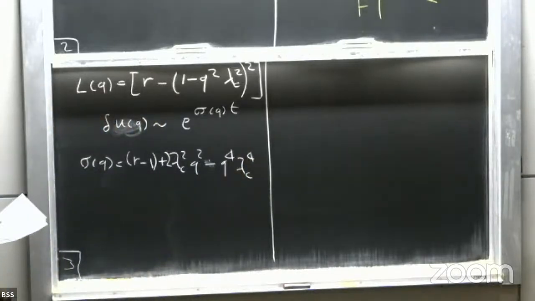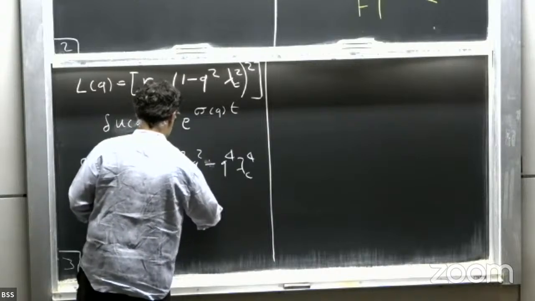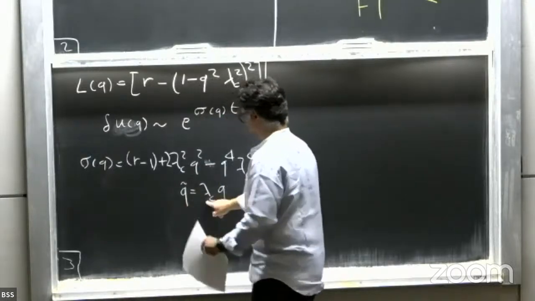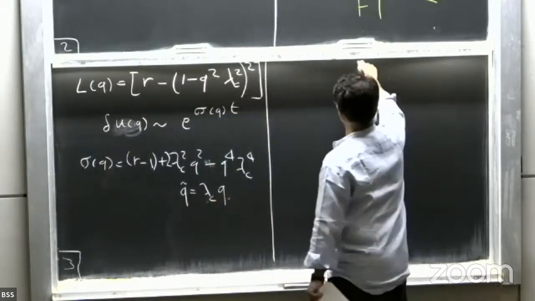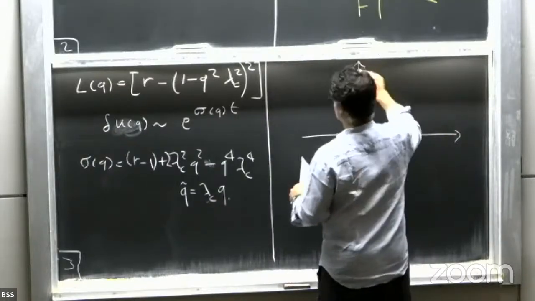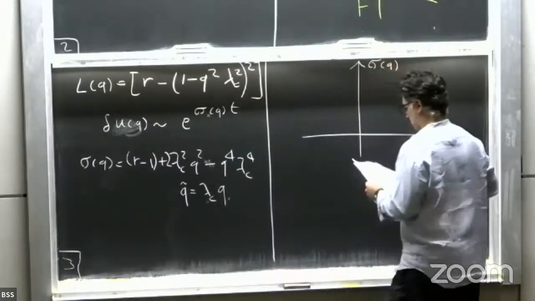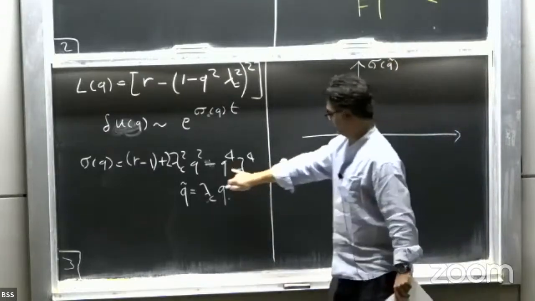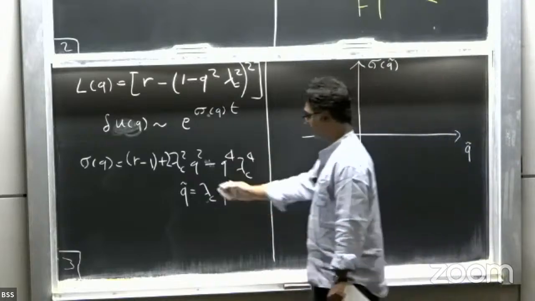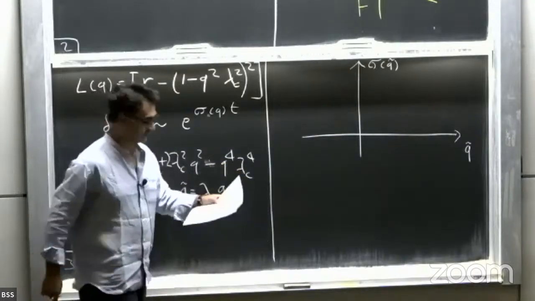If you study this object and define a rescaled variable lambda_c q, you can actually plot it. I'm going to plot it here. You can plot the rate of growth of the modes sigma of q tilde, because everything comes paired up like that. You can guess what it is: there's a quadratic and a quartic term.